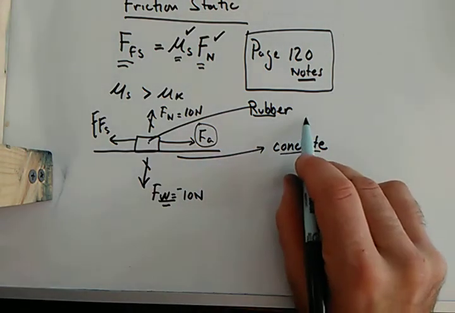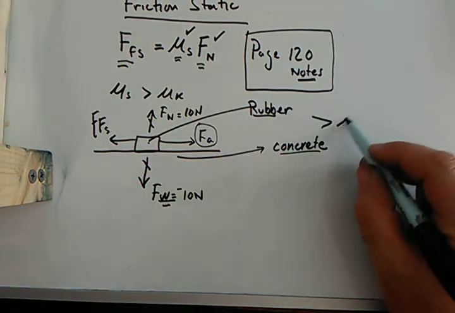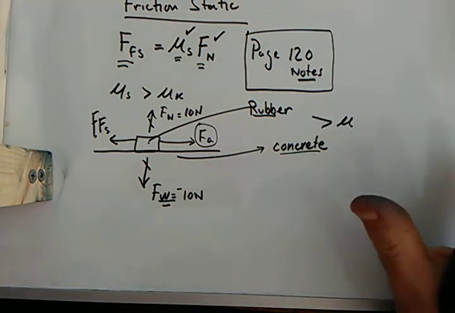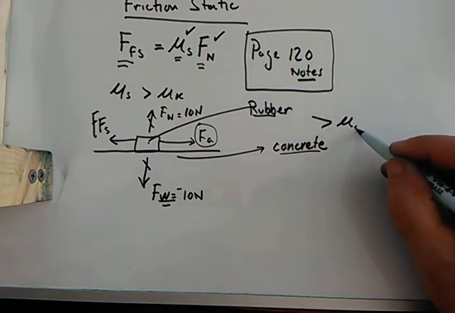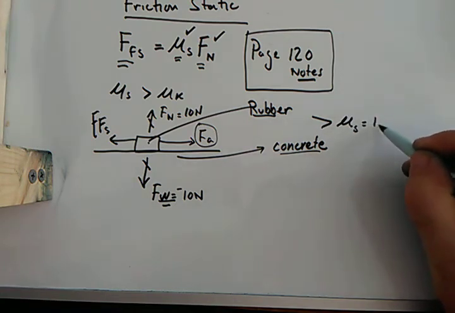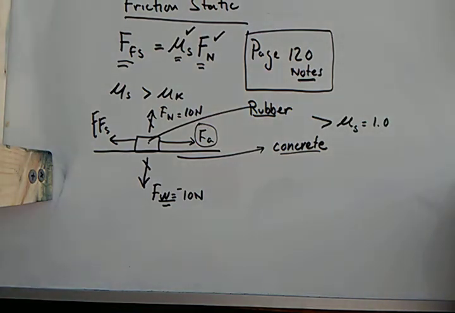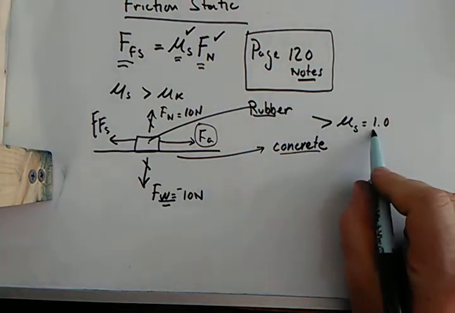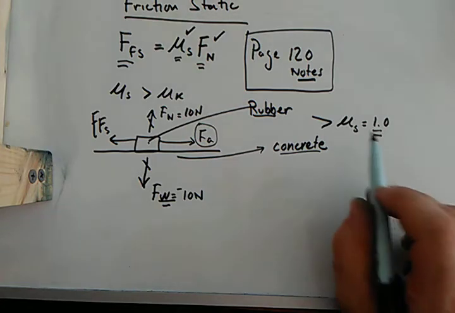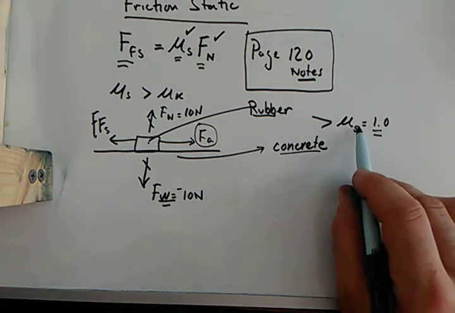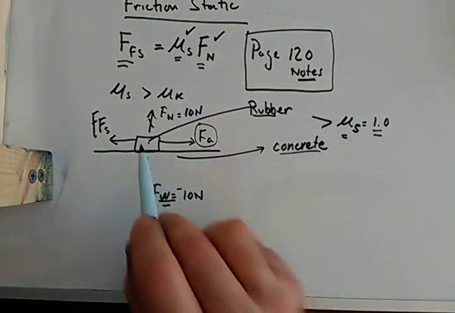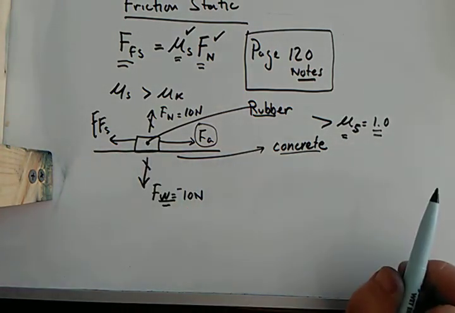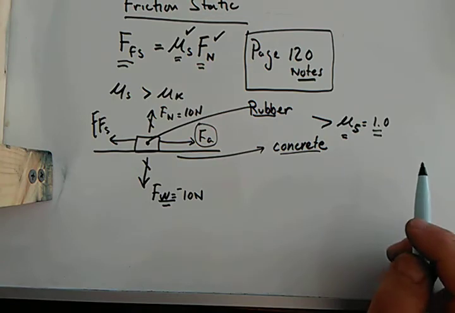For a rubber block on concrete, the mu value, and that's always going to be the same, of static mu sub s, is 1.0. So the mu value is 1, and we don't get the static confused with the kinetic. We're looking for static friction. This block is not moving. We're pulling on it, but it's not moving.